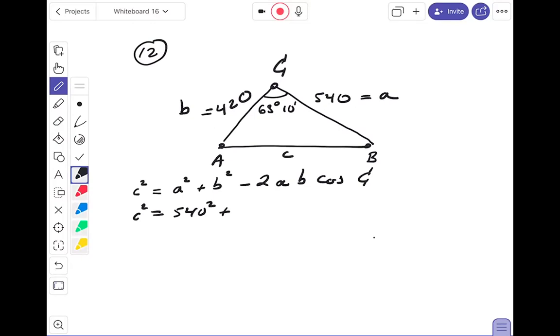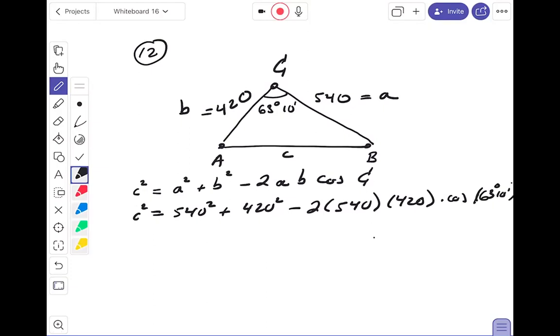What's B squared? Well, 420 squared, minus 2 times 540 times 420 times the cosine of 63 degrees 10 minutes.